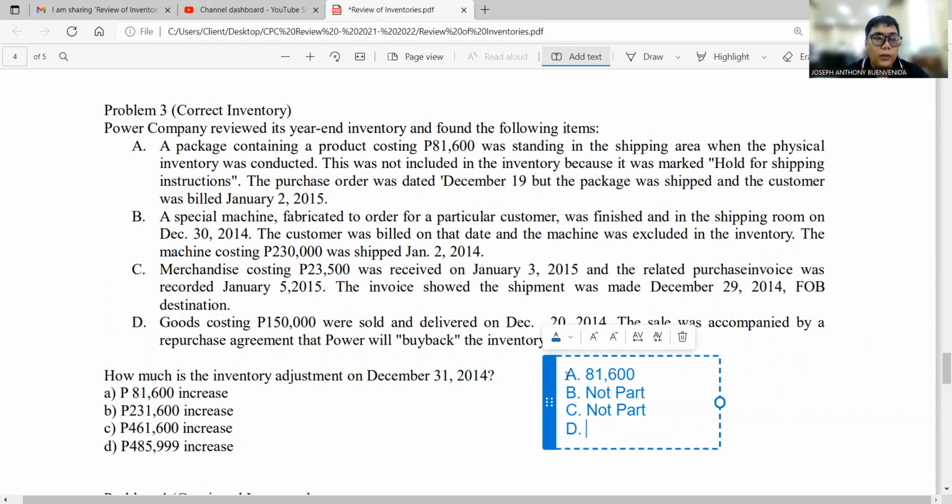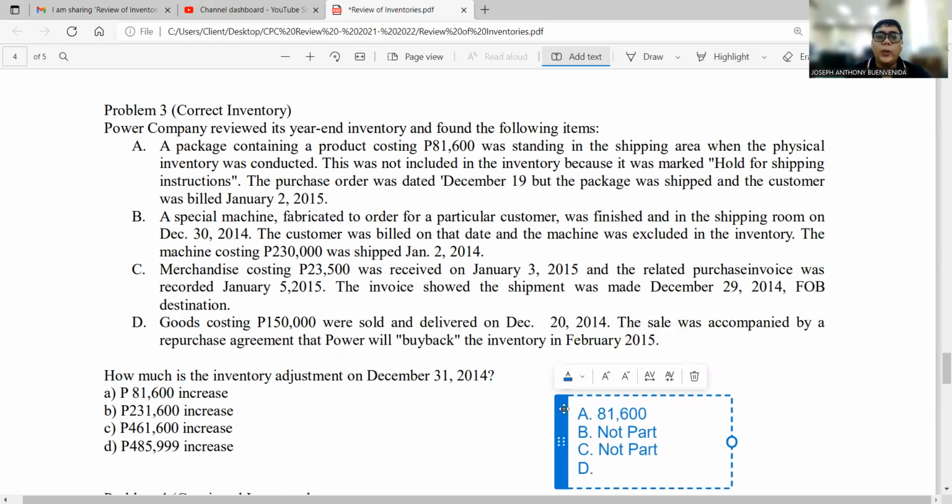Letter D. Goods costing 450,000 were sold and delivered on December 20, 2014.